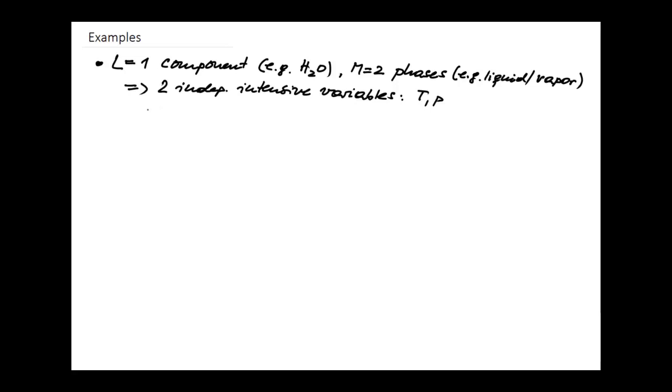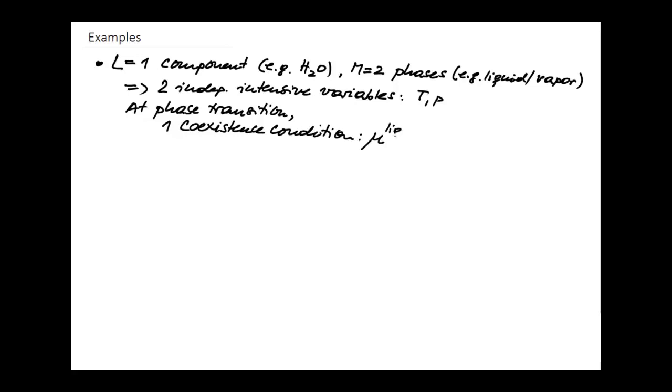Now at a phase transition, we found only one coexistence condition, namely that the chemical potentials of the two phases must be equal. So in our example, the chemical potential for the liquid and the chemical potential for vapor must be equal.